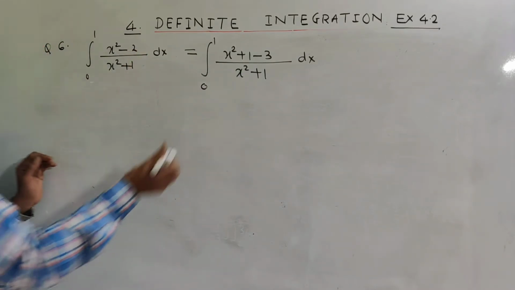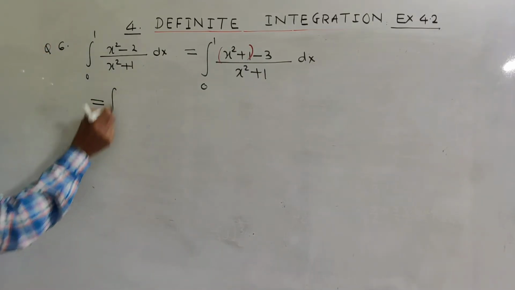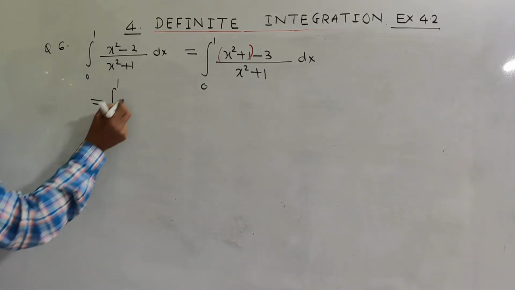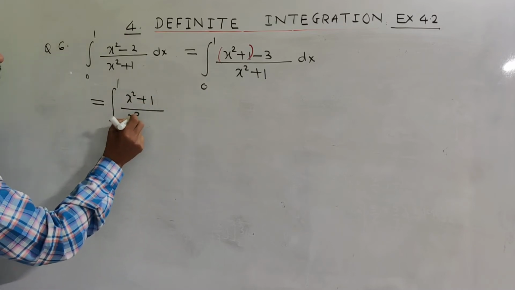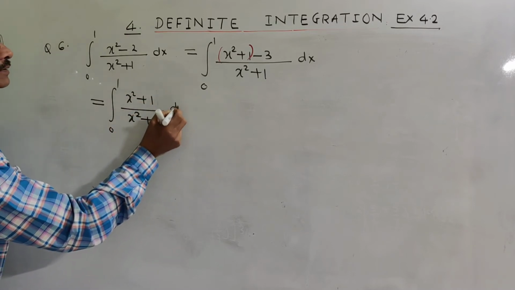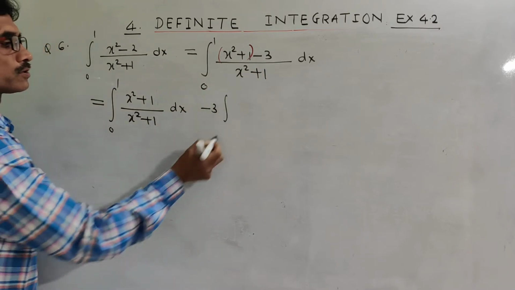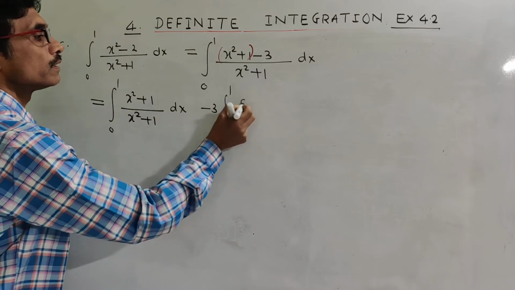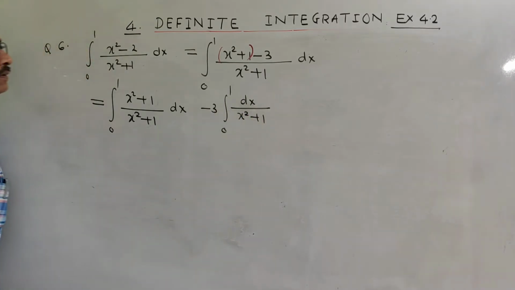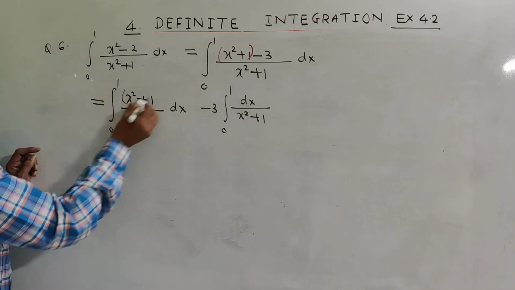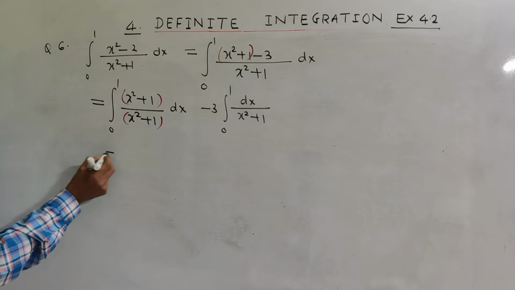And we separate this integral: integral 0 to 1 of (x square plus 1) upon (x square plus 1) dx, minus 3 times integral 0 to 1 dx upon x square plus 1. Now here it is getting cancelled and it is 1 dx.